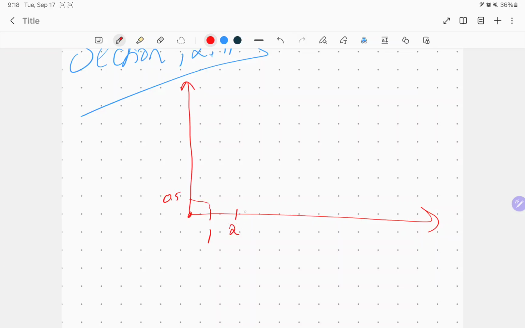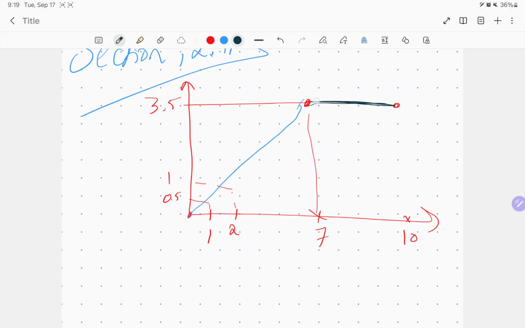When time was 2, it was 1. Let's say I directly cut it. When time was 7, it was 3.5. When time was, for example, 10, it was also 3.5. So the graph is going to be this: a straight line connecting over here, and over here a straight horizontal line.